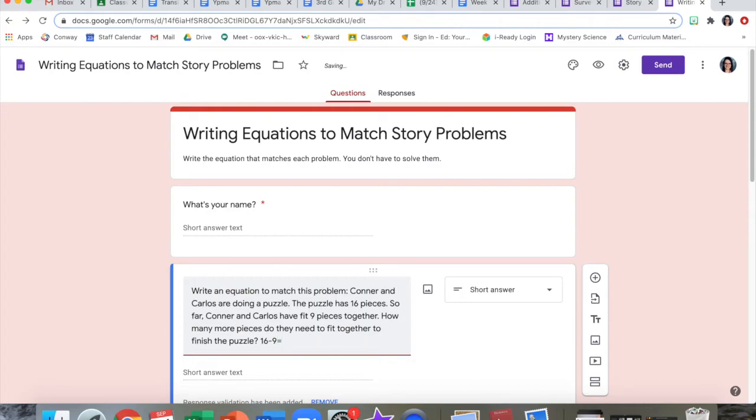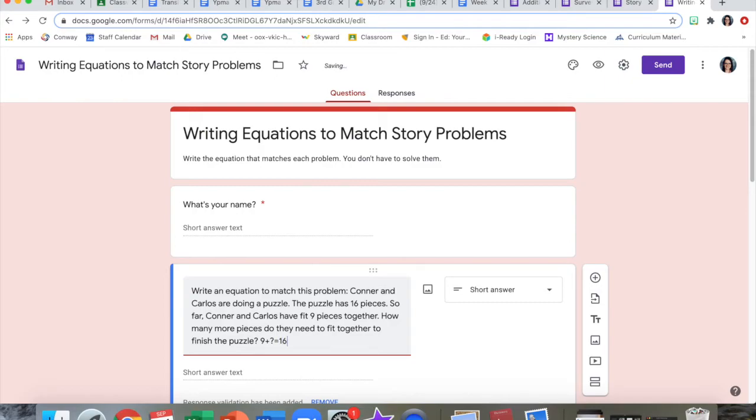Remember to use a question mark to show where the mystery number is. But you could also imagine this as an adding situation. You know that they put 9 pieces together and they're going to add some more. We don't know how many more they have to add to the puzzle, but we know at the end the puzzle has 16 pieces altogether.